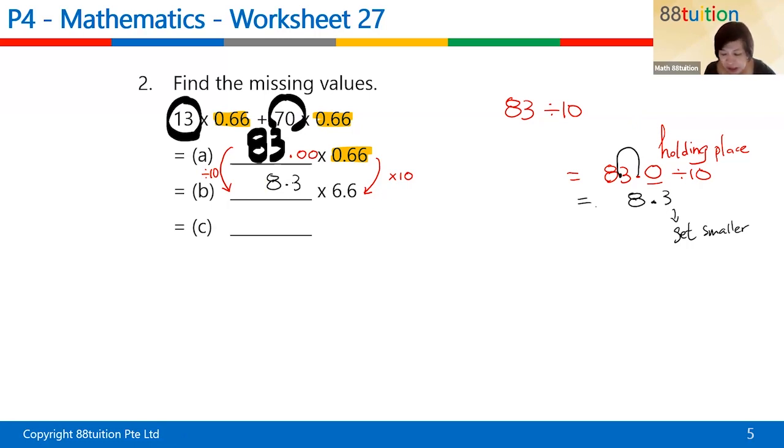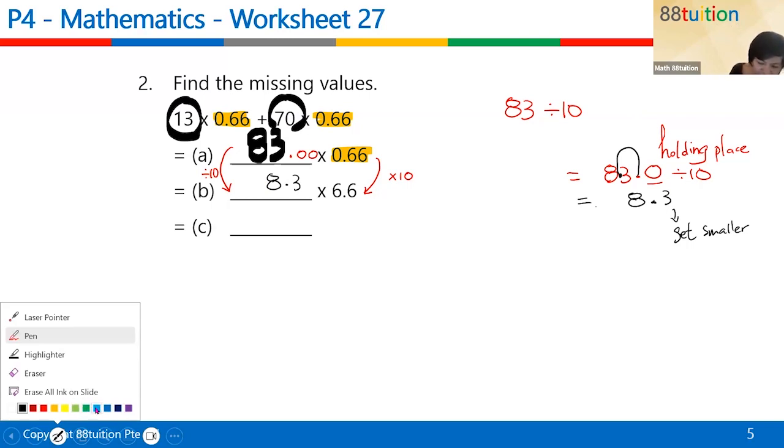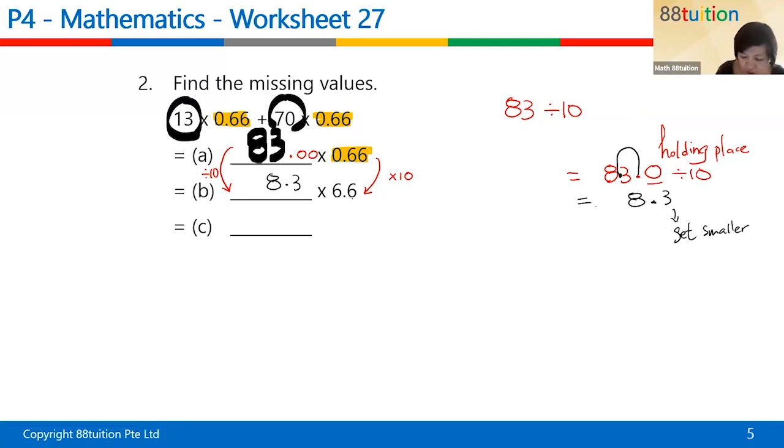So now how are you going to multiply 8.3 by 6.6? Now I want to show this. Okay, I repeat. This whole thing, you have to use 8.3 multiply 6 by 6. Remember I say this one you need to do multiplication, 18, 48, then 49. Just do the usual one. Then this is 0, then this is 18 to 49.